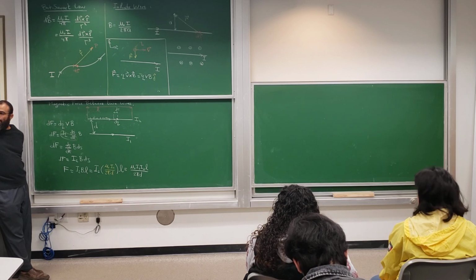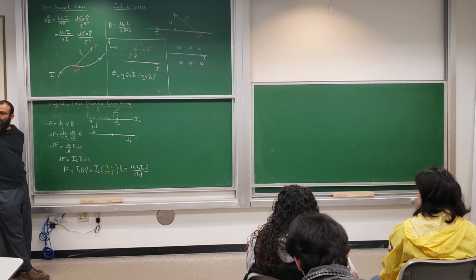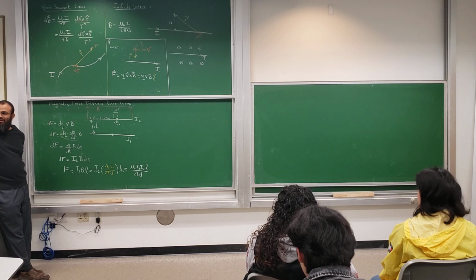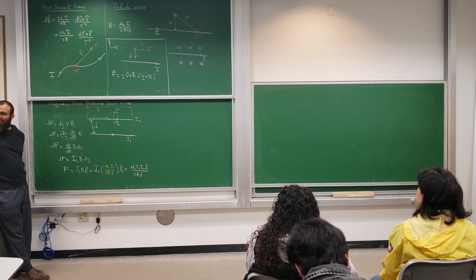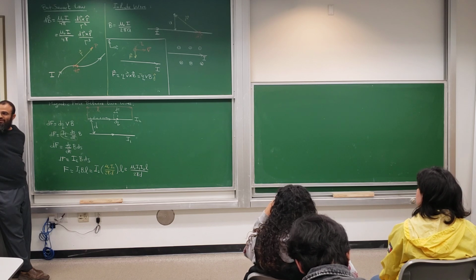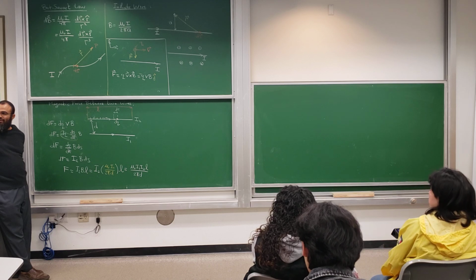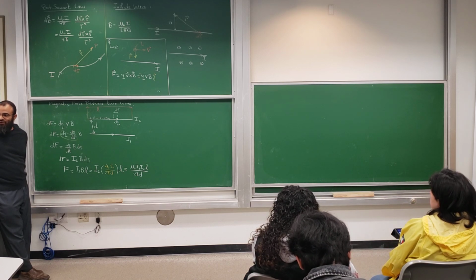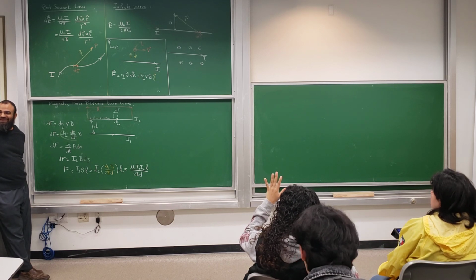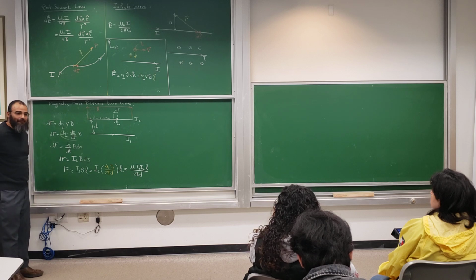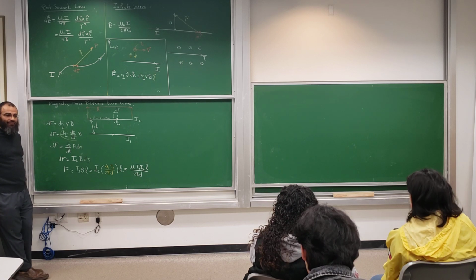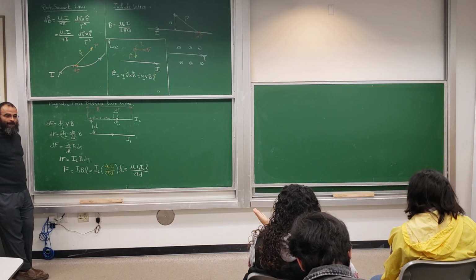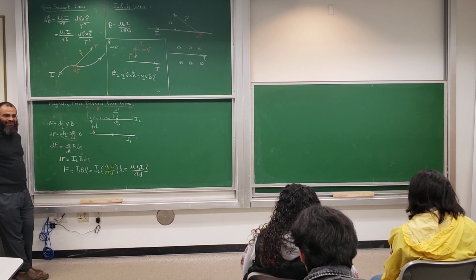Would it be unequal if there are different amounts of charge on each wire? They would be equal. When would it not be equal? Newton's third law, at least for now, is correct. If there's a difference in materials, would it be different?